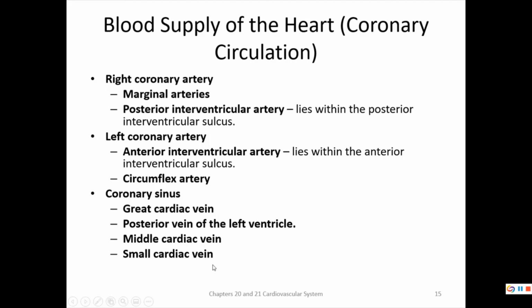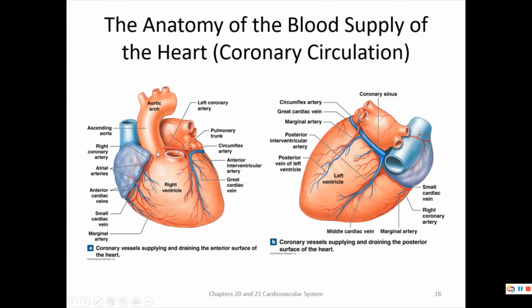Now let's take a look at these. Here we have our right coronary artery coming off, and it gives rise to these marginal arteries. Here's one of them, here's one, here's one, here's one, okay? And then that continues to wrap around the back here. Here again is the right coronary artery wrapping around, and in the posterior cardiac sulcus here is the posterior interventricular artery.